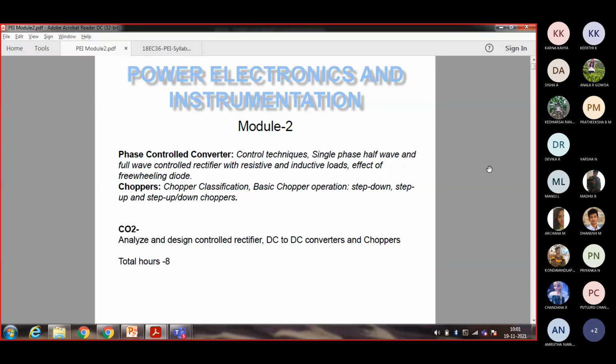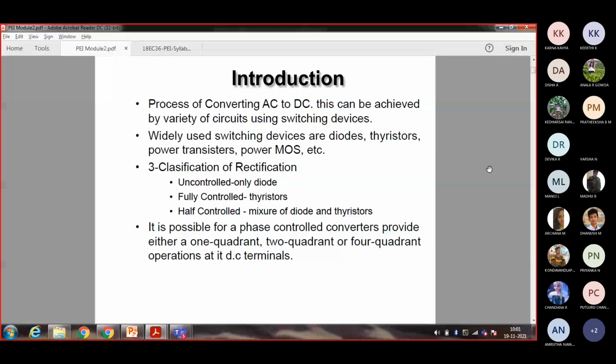We'll move ahead. Introduction of power converters, or phase converters, we can call that. Process of converting AC to DC is basically power converters. As I keep telling you many times, we have power generation. Most of the time it is in the form of AC, but sometimes I need DC, so I need to convert AC to DC.